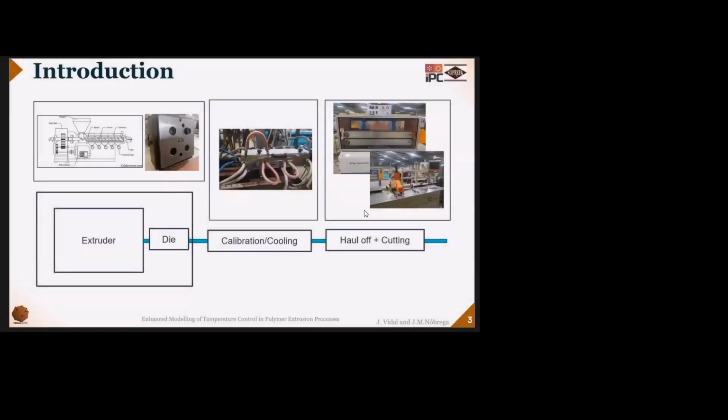First, I will give a brief outline of this presentation. I will give a brief introduction, the motivation for this work, the new approach that we developed, some case studies, and again, the conclusions and the future work. Polymer extrusion is divided in 3 main steps: extruder plus extrusion die, calibration, and cutting.